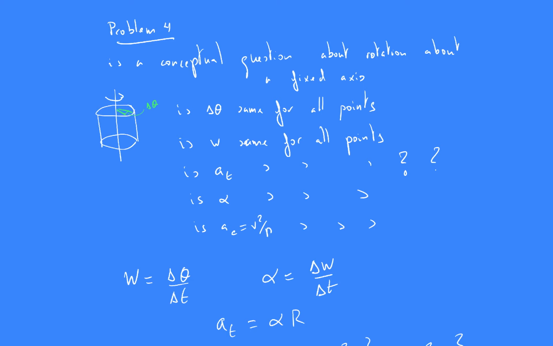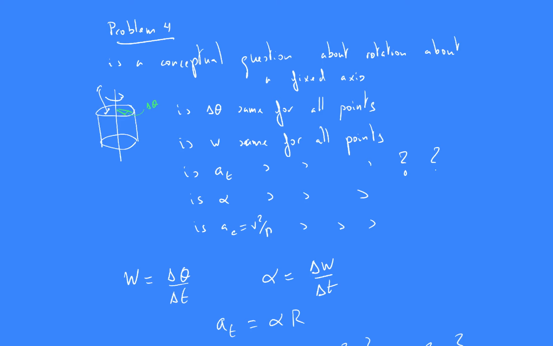The distance between any two points in the object remains constant as the object is rotating. This is the definition of a rigid body.